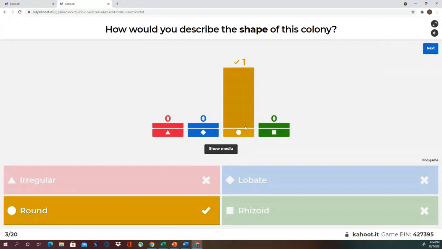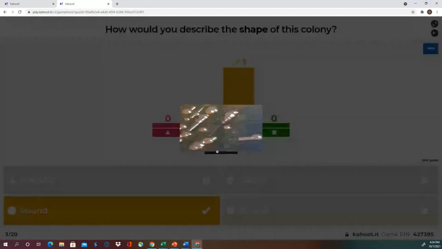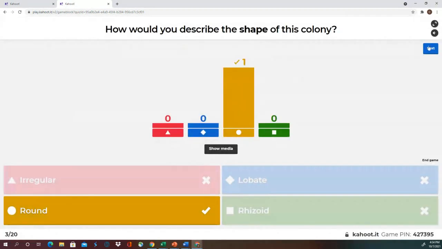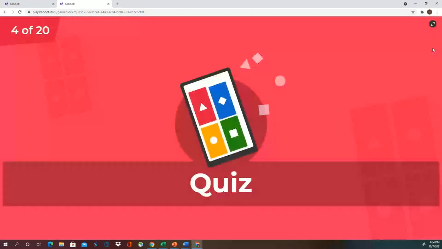And so for the colony that was shown here, you always want to look at an isolated colony. So like this one right over here is a good one, right? And overall, it's round, okay? If it was irregular, well, it would just have a crazy shape. Lobate is when it looks like it has very curved ends, like little lobes at the end. And then that's all I wanted to say. So let me keep going. But make sure you know those terms, okay, y'all?